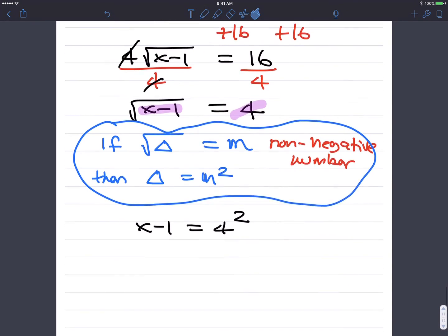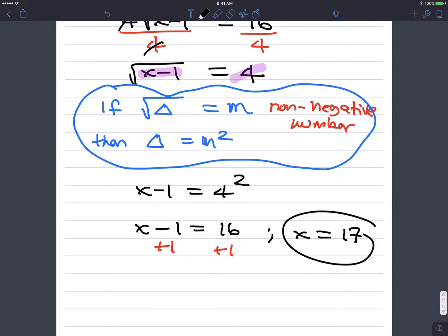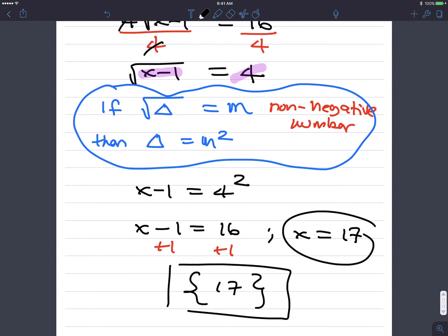And x minus 1 being 4 to the second power says to me that I have a 16. We're now going to add 1 to both sides, and then we get x equal to 17. 17 is the solution set. And we're done. That's number 17.